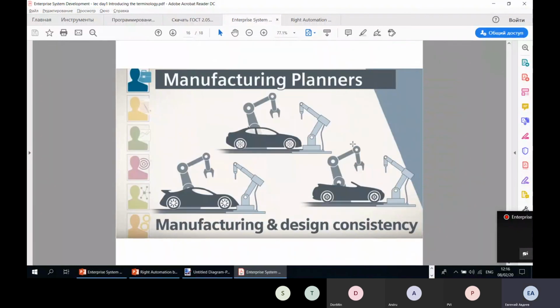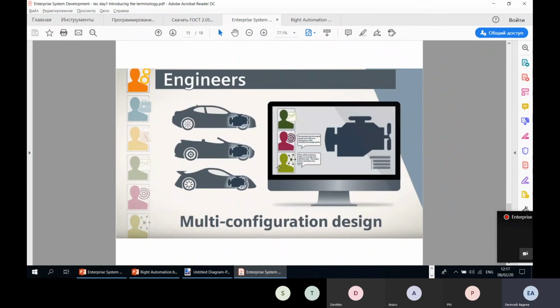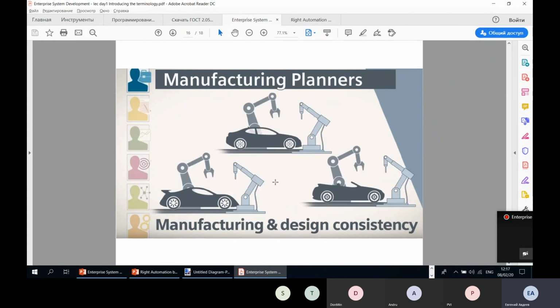After that, when engineers have finished their work and the documentation about which parts we will use is ready, comes preparation to manufacture. Here it is like robots, but if we use humans, anyway, we have to describe how we will manufacture and which technologies we will use.